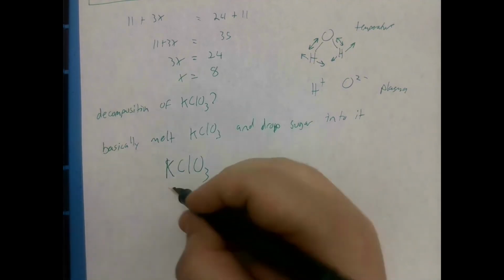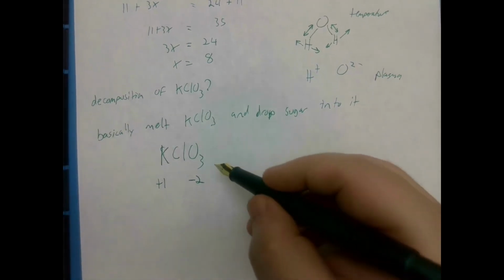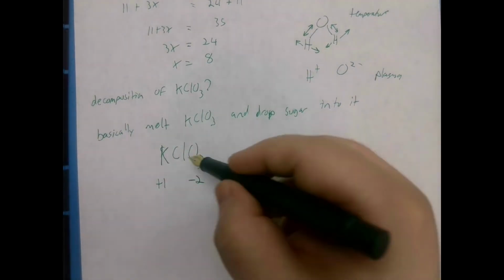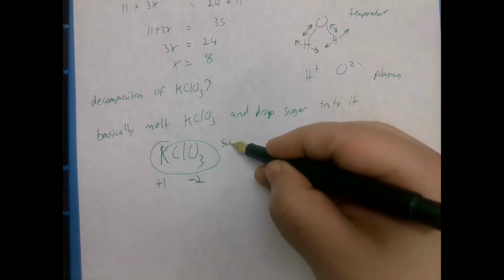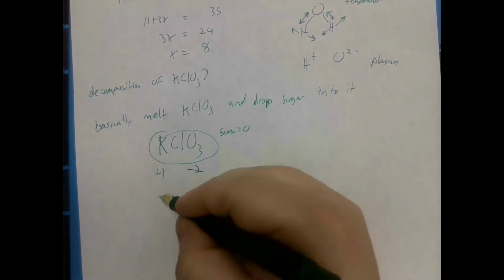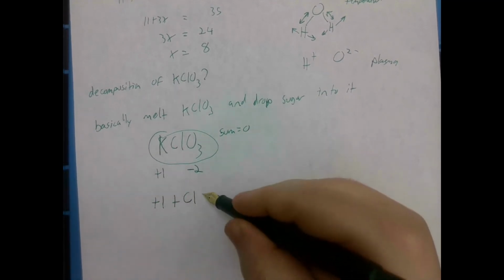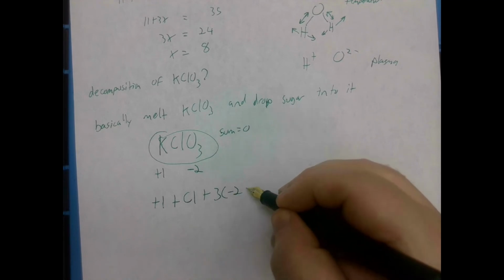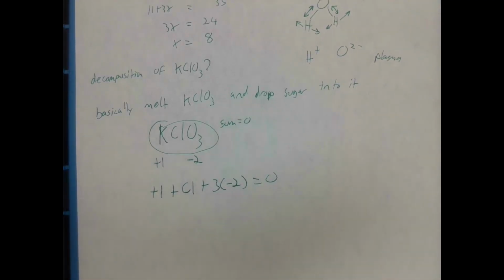Group 1 is always +1. And this is a neutral compound, so the sum has to equal 0. So we have +1 plus whatever chlorine is, plus 3 times -2, and that has to equal 0. So what is chlorine?